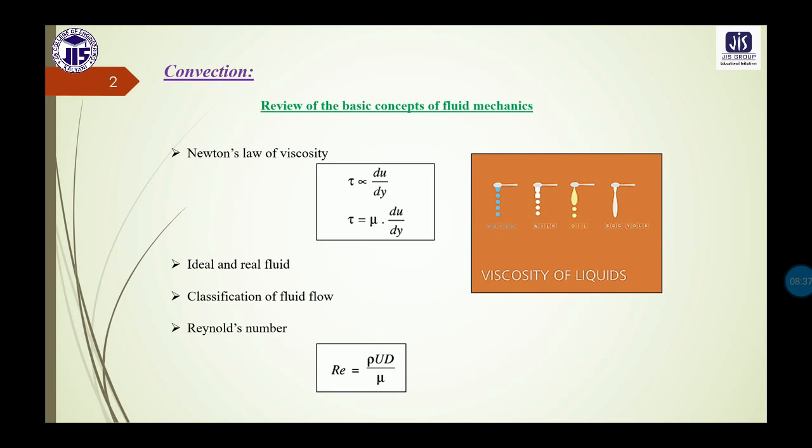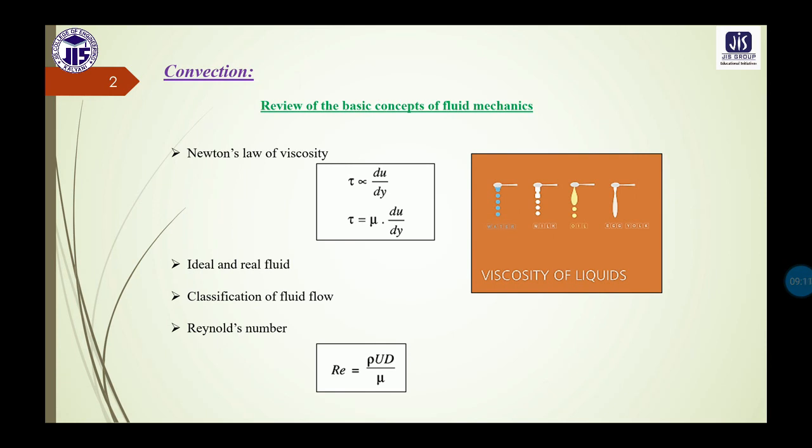If the shear stress is denoted by tau, then tau is proportional to du/dy, where y is the distance between the two different fluid layers considered. That is, shear stress is proportional to the rate of shear strain.